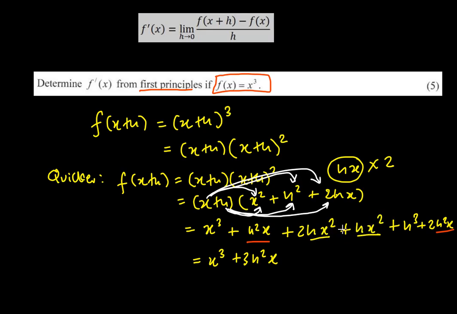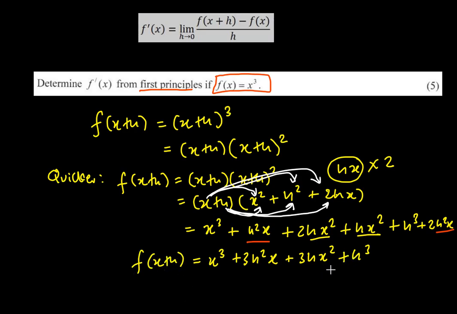They're also like terms. So we're just gonna add the numbers in front. You say 2 plus 1, you get 3hx squared, okay? Then this one here would be plus h cubed. So this is what we have for f of x plus h.